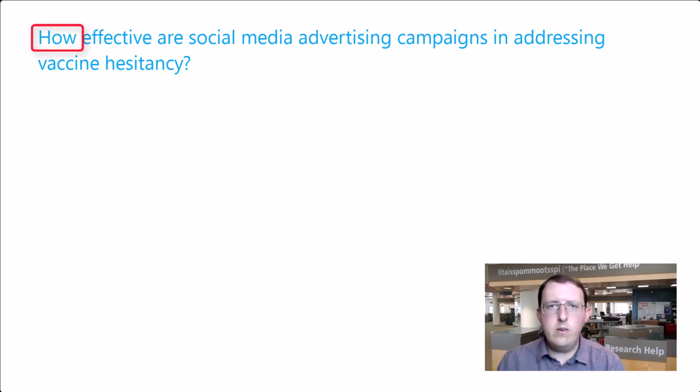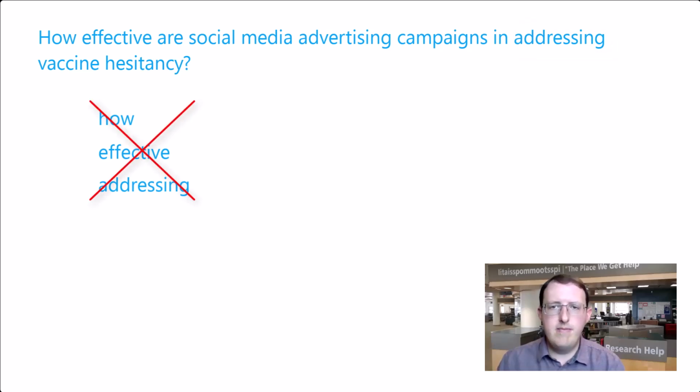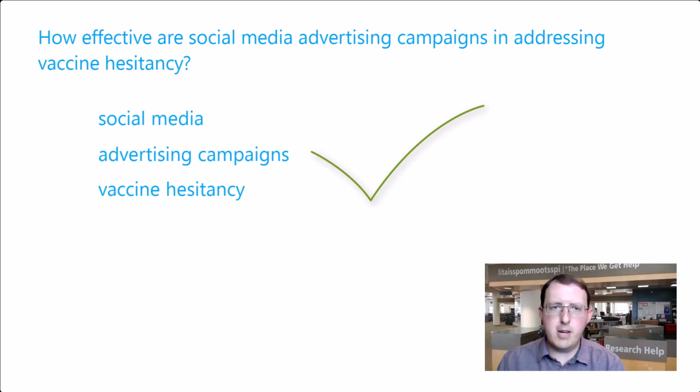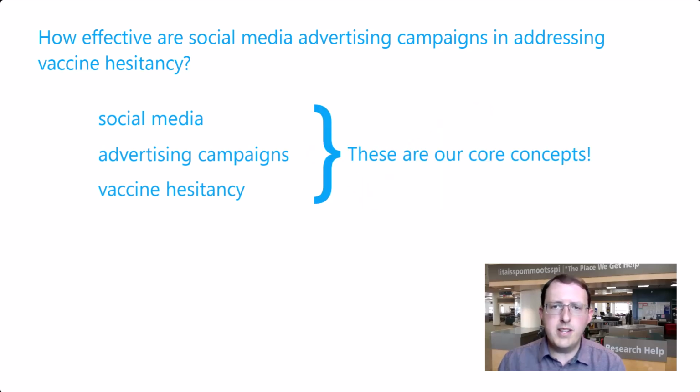Words like how, effective, and addressing are not core to our topic and should be left out of a keyword search. Social media, advertising campaigns, and vaccine hesitancy, on the other hand, are core concepts in our research topic and should be part of our search. Sources that include these terms, or terms similar to these, will very likely be useful to us.